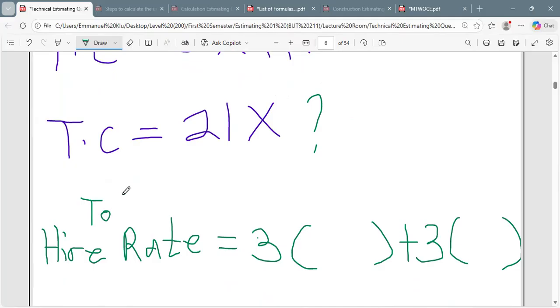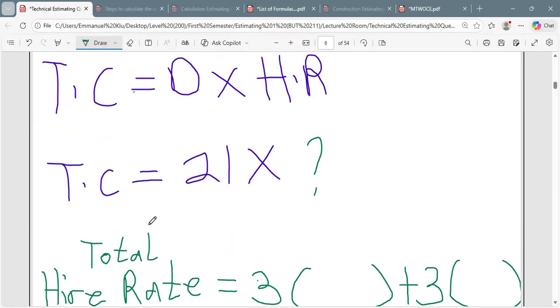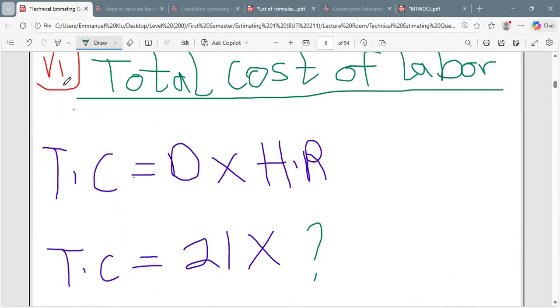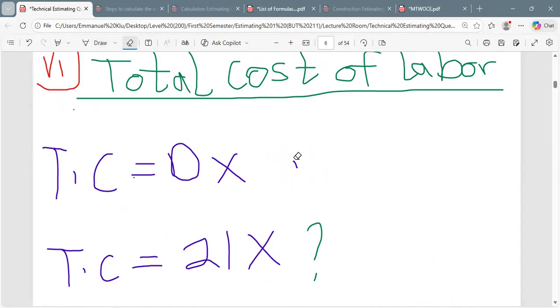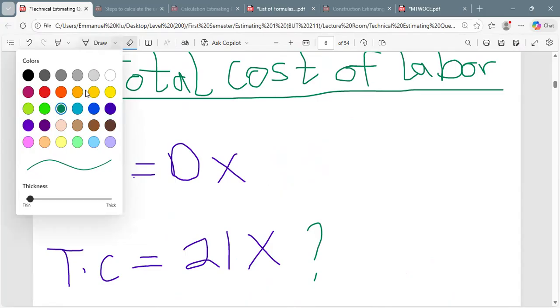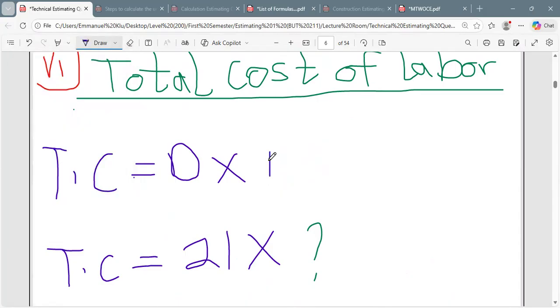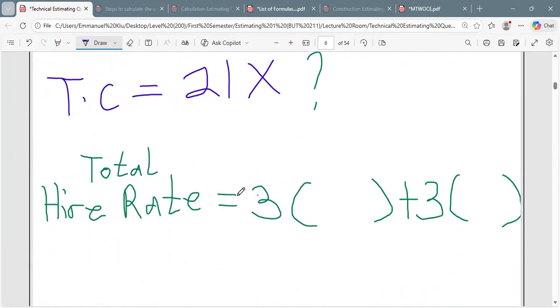So this is the total hire rate. Let me write this as the total hire rate.